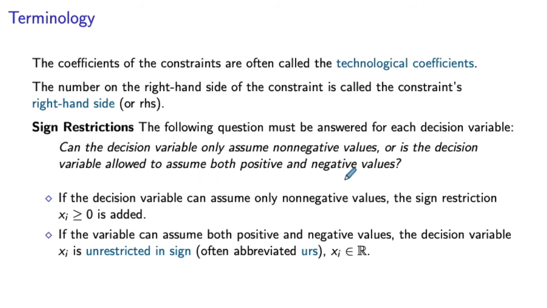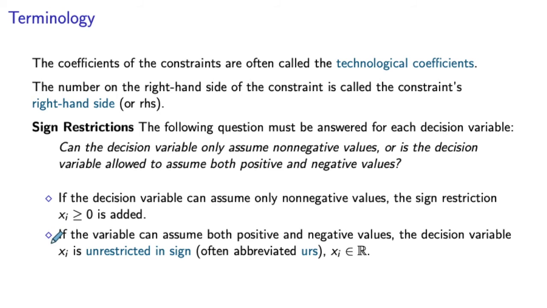In our case, since the decision variables represent the quantities of products to produce, obviously they must be non-negative. You cannot produce a negative number of carriers, right? Therefore, we have the non-negativity constraint for each of the variables. This is something that we need to put in our model usually.